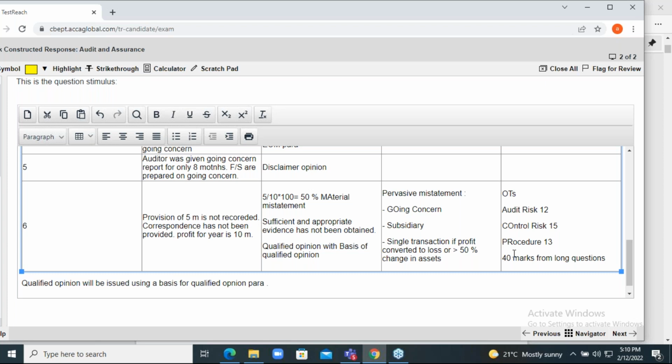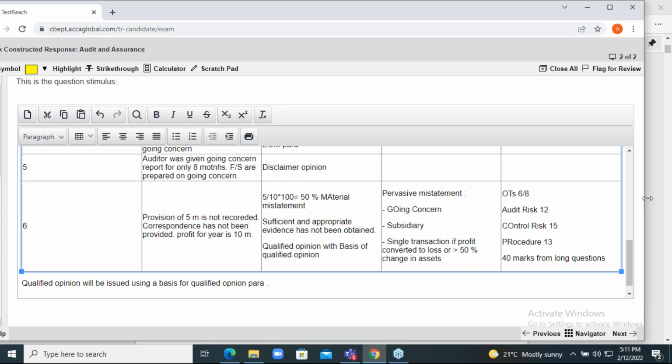Now this is their presumption, and this presumption is often not valid in this paper because the examiner will set different OTs and these OTs are very conceptual. So normally students are only able to score sometimes 6 or 8 marks. So if they score 6 marks or 8 marks, they will fail on 46 or 48.